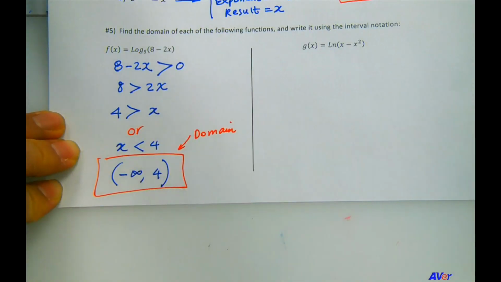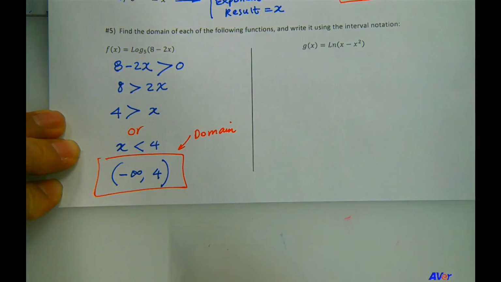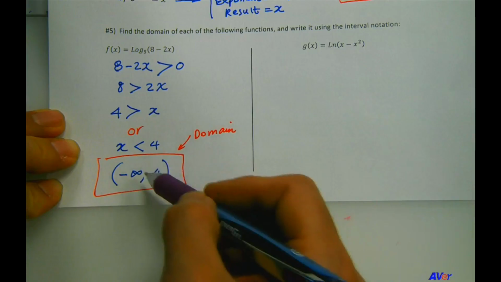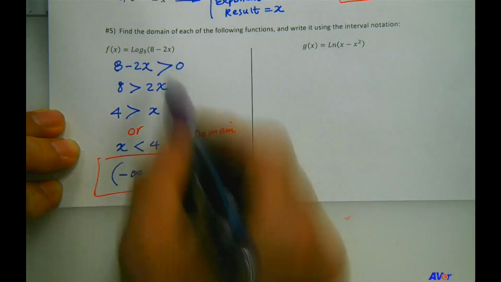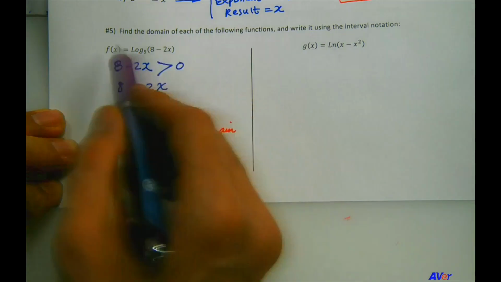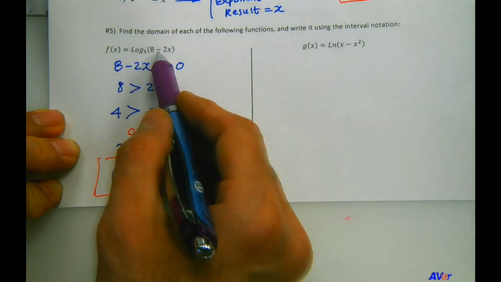This is guaranteed. Whenever you solve one of these on your own and you have doubts about whether your solution is correct or not, one thing you can do immediately is just pick some test values, right? Put in 4. 4 times 2 is 8. 8 minus 8 is 0, and we cannot have log of 0 to base 5.